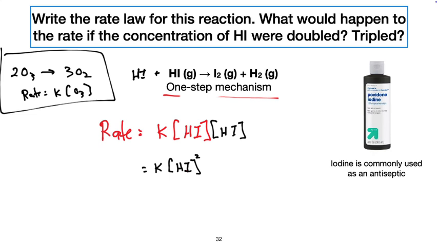So what happens to the rate of the reaction if HI is doubled? Quadruples. If it's tripled, it's six-doubled. Close enough. Actually, that's not very close at all. In fact, that's pretty horribly wrong. What happens to the rate if the concentration of HI is tripled?